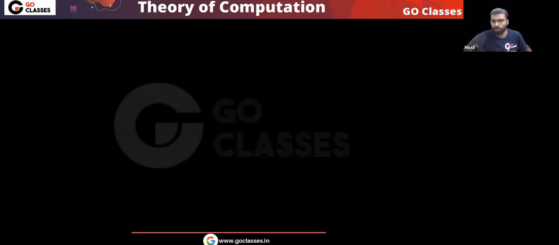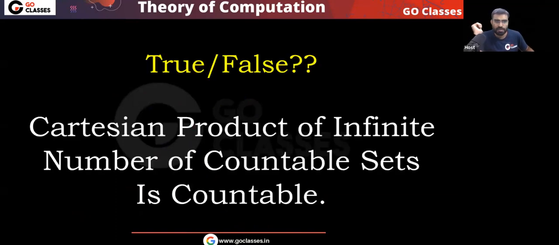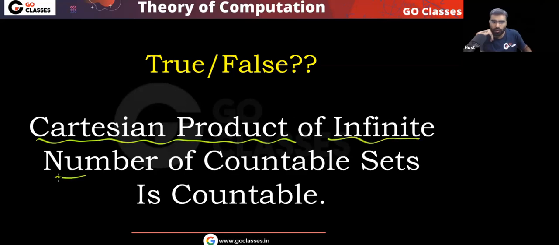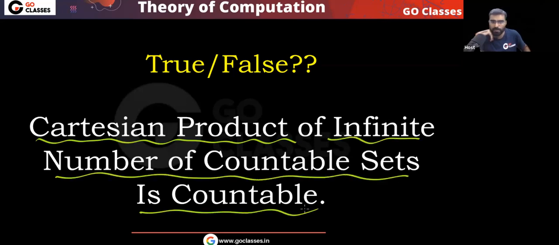What about if you do it countably infinite number of times? Something interesting. True or false? Cartesian product of infinite number of countable sets is countable. When I say infinite, this can be countable or uncountable.